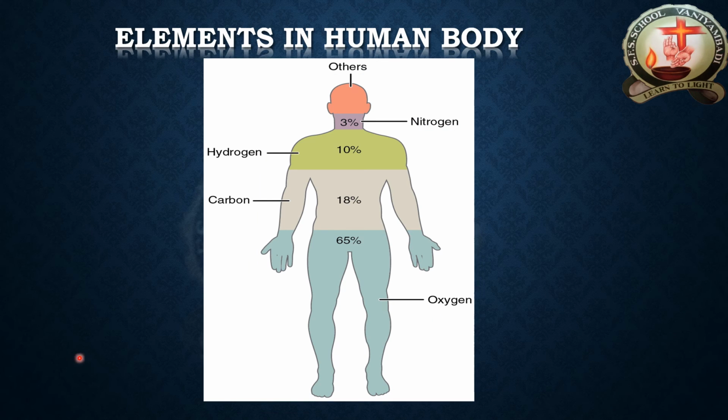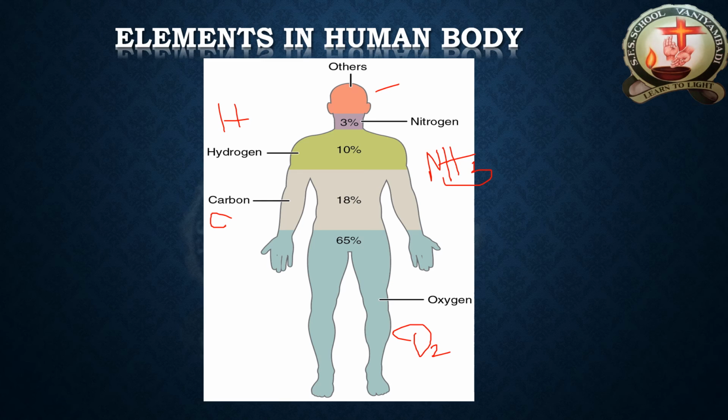Then the elements of the human body. This is a very important one. What are the elements majorly present in your body? 65% is oxygen, O2. Then carbon, C, 18%, and hydrogen, H. Nitrogen, N. Then other compounds are very small in amount.